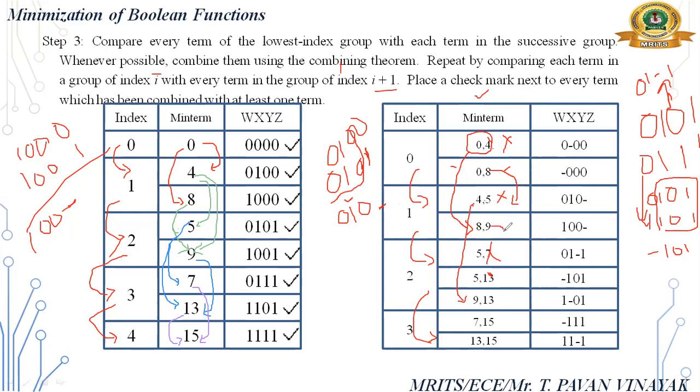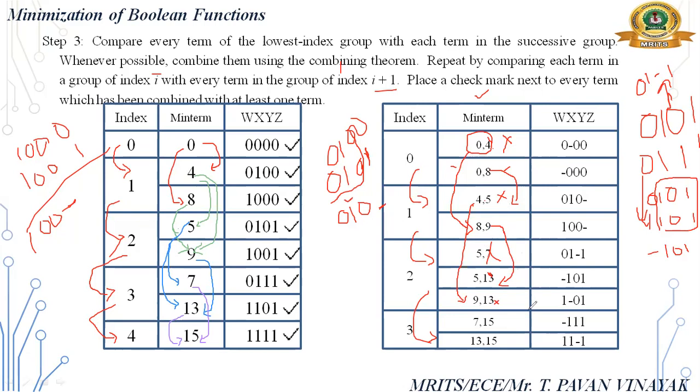Next 8 9. 5, 7 are both small compared to 8 9, so no need to check 5, 7. 8 9 with 5 13 you can check, but 8 9 with 9 13 you don't check, because 9 is common. You can check 8 9 with 5 13.